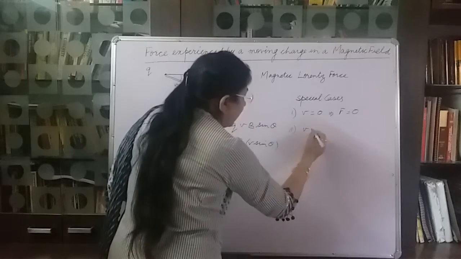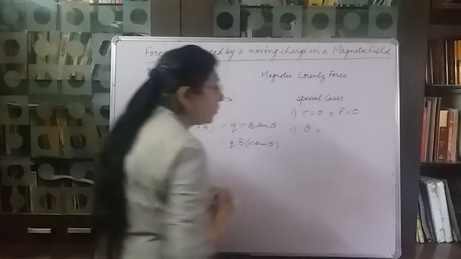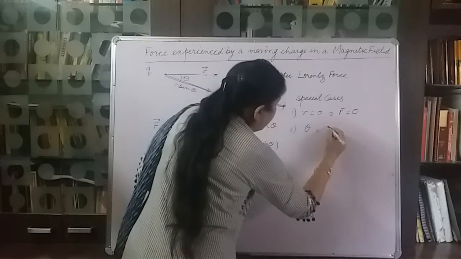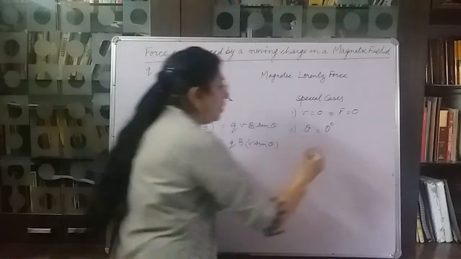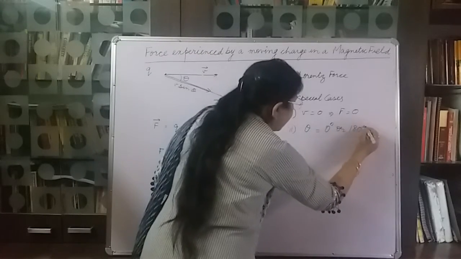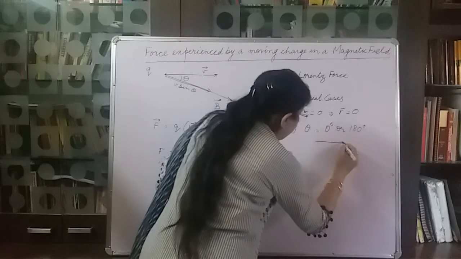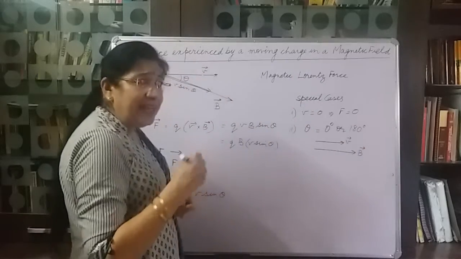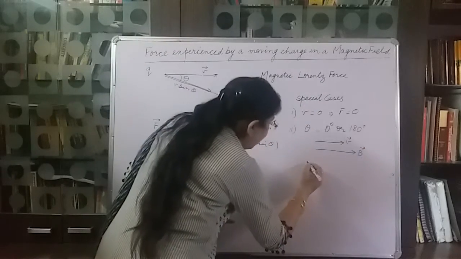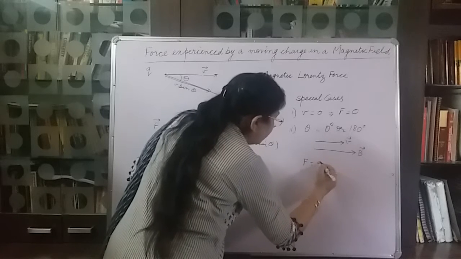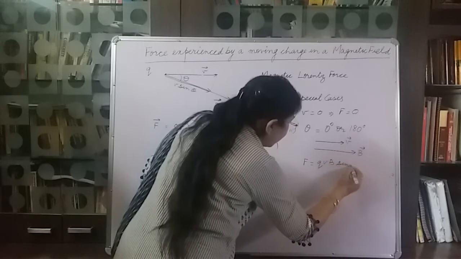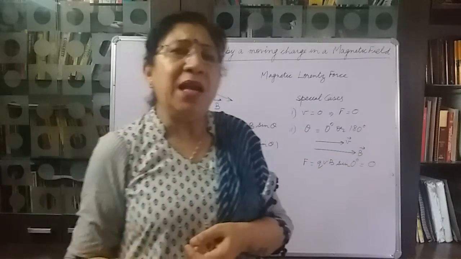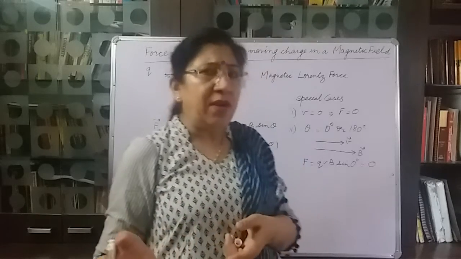If the angle between velocity and B is 0 degrees or 180 degrees, that is, the particle is moving parallel or anti-parallel to the magnetic field, in that case, force will again be 0. So it will not experience any force.